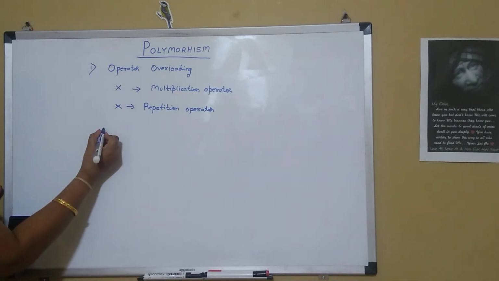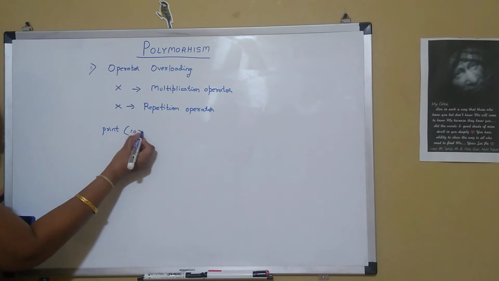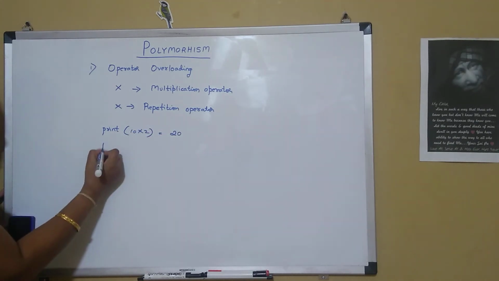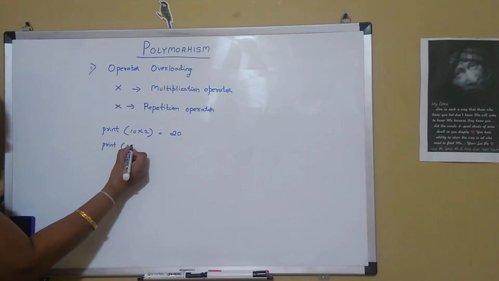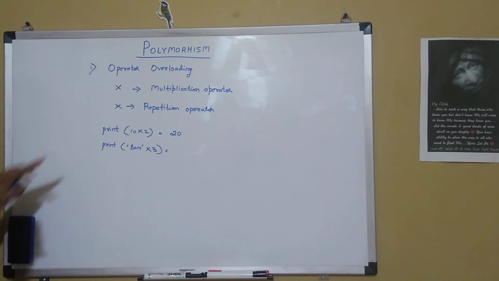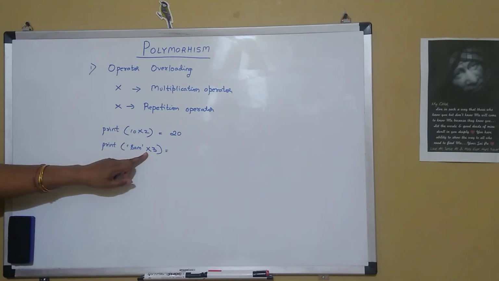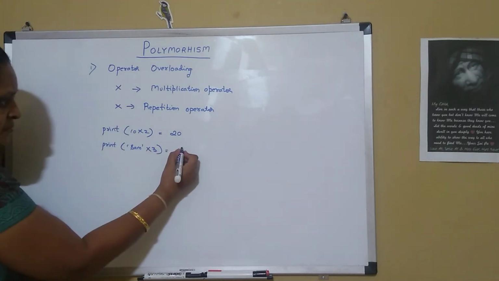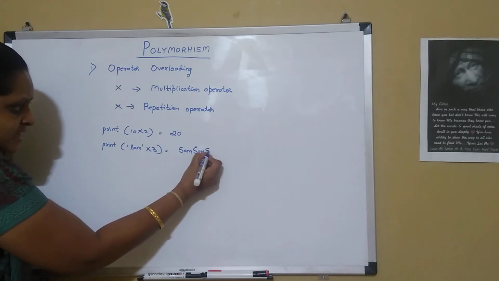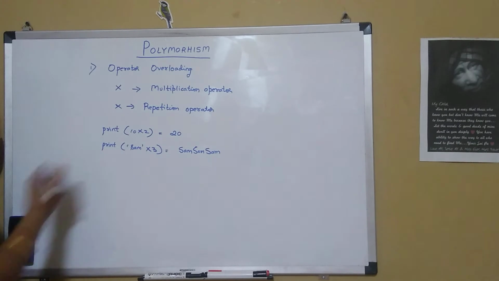Now if I say print 10 into 2, then it prints 20 on the console. And the same operator, if I say Sam into 3, then it acts as a repetition operator and it prints Sam thrice on the console. So it prints Sam, Sam and then Sam.